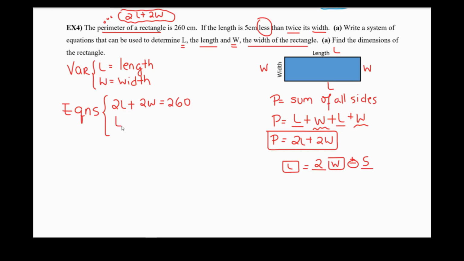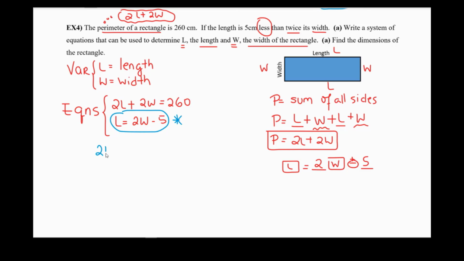So in other words, this would be 2W minus 5. So there you go. We have a letter by itself and then another equation. So we're ready to solve by substitution.